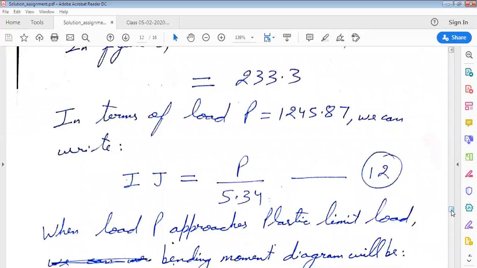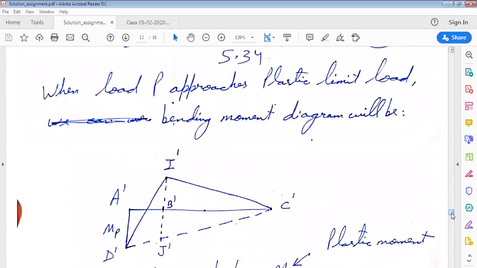Now, when load P approaches plastic limit load, bending moment diagram will be like this, where A dash D dash now is the plastic moment MP, and I dash B dash is also equal to MP.